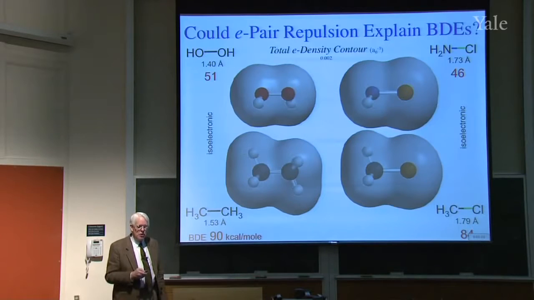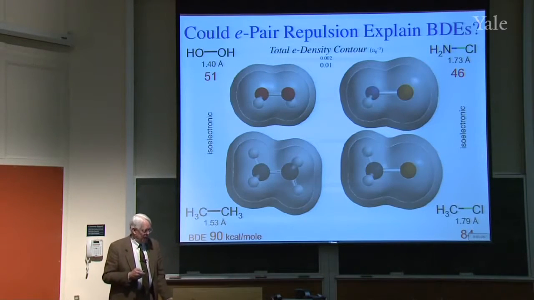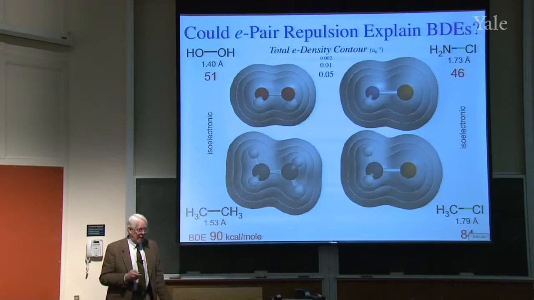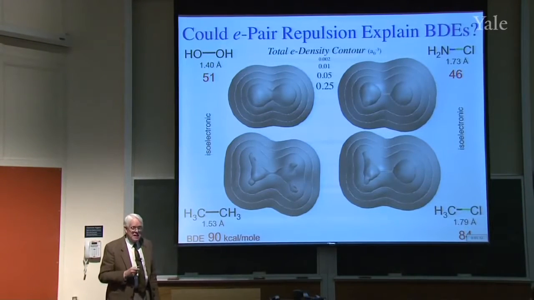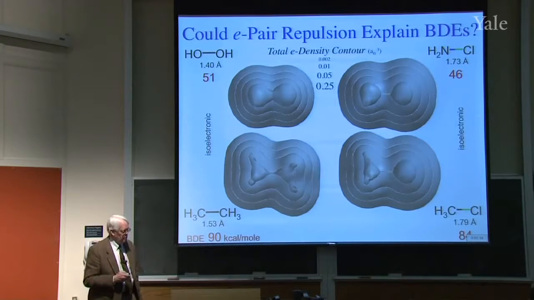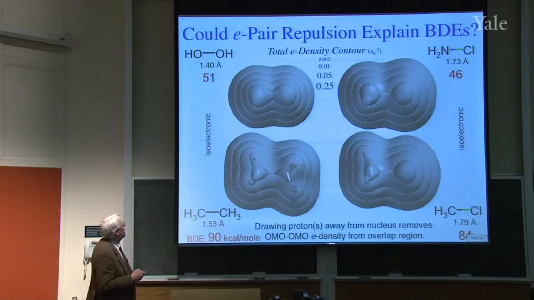But if we go in further to higher densities, to 0.01, to 0.05, to 0.25, now we see something different in these two things. You notice that in the bottom, the proton on the carbon, as opposed to where there is no proton on the oxygen, draws these electrons out, right?